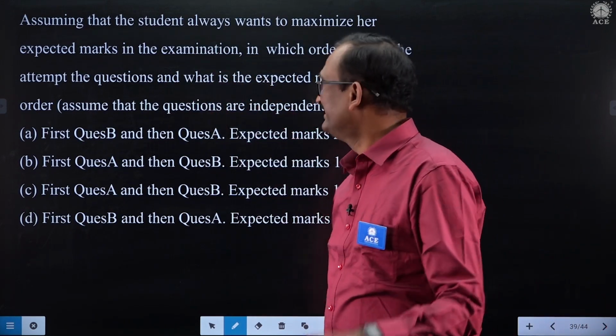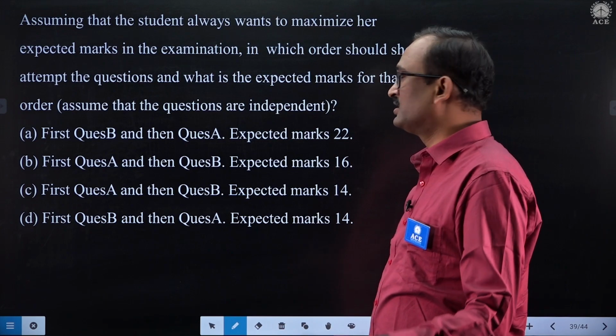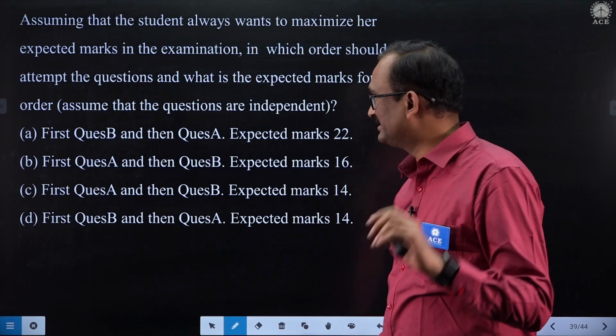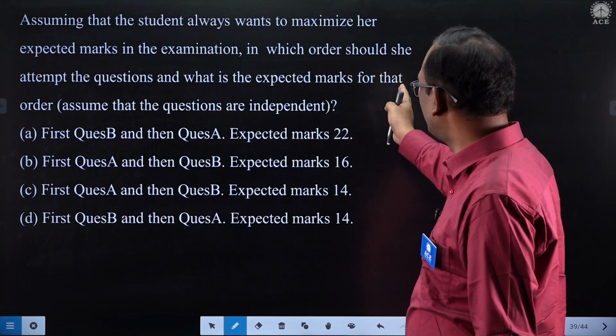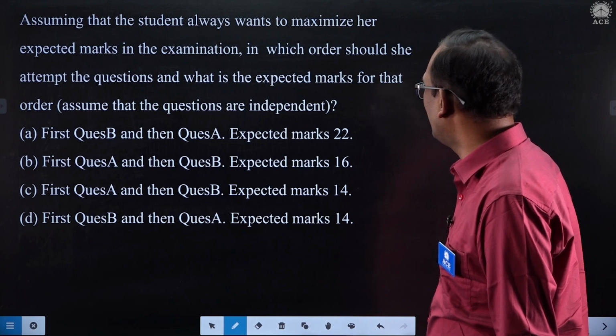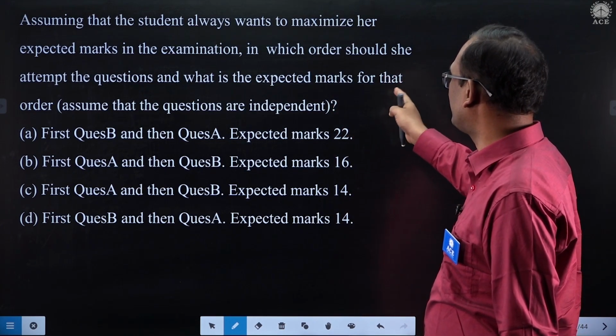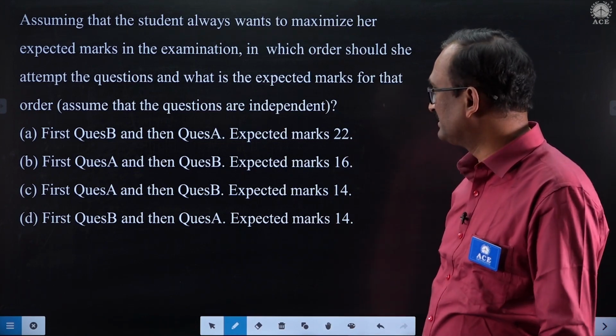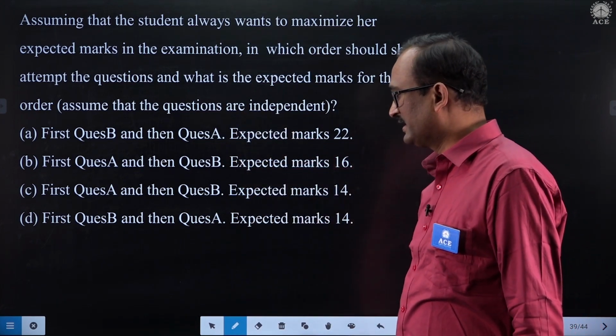Assuming that the student always wants to maximize her expected marks in the examination, that is obvious. In which order should she attempt the questions and what is the expected marks for that? Assume the questions are independent. So options were given.